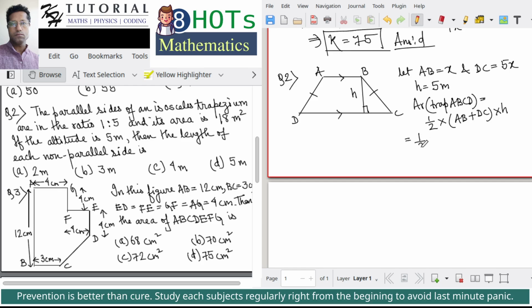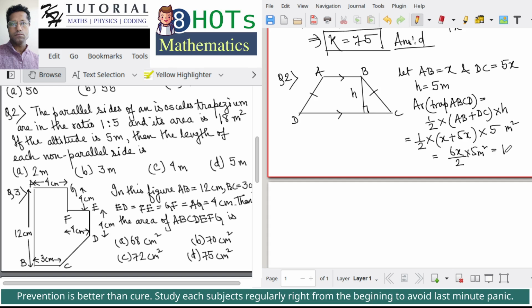So this will be equal to half multiplied by AB plus DC, which is x plus 5x, and the altitude is given to be 5 meter. So this much meter square. So this is equal to 6x by 2 multiplied by 5 meter square.